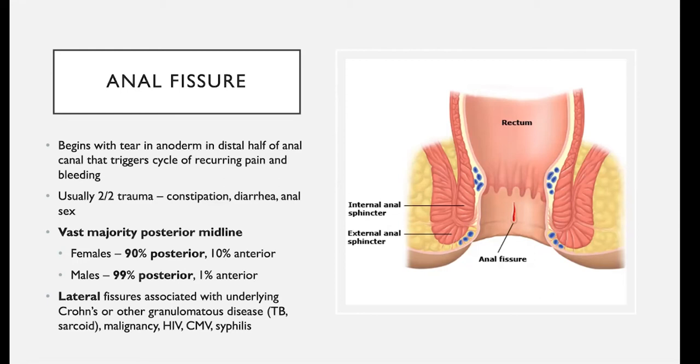So a lot of times it can be Crohn's disease or other granulomatous diseases, malignancy, HIV, CMV, or syphilis. So really a laterally placed anal fissure should make you start thinking about other processes.